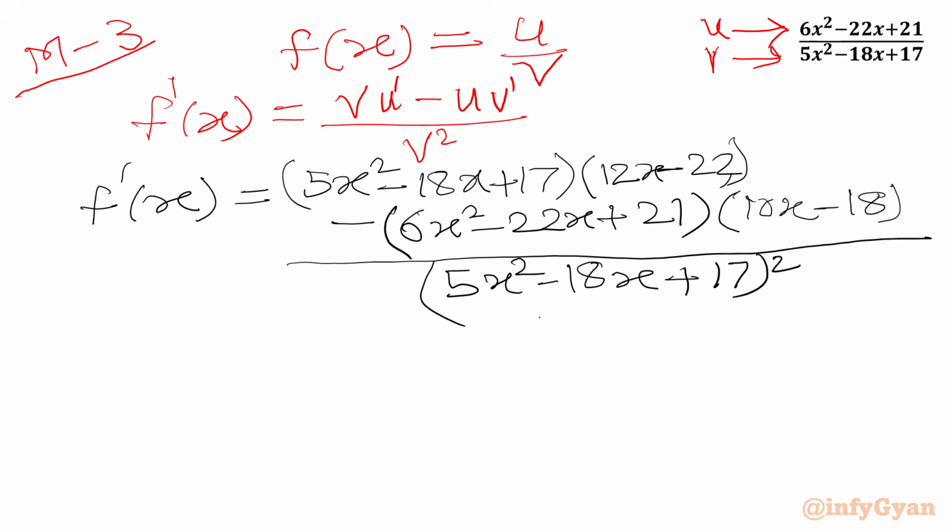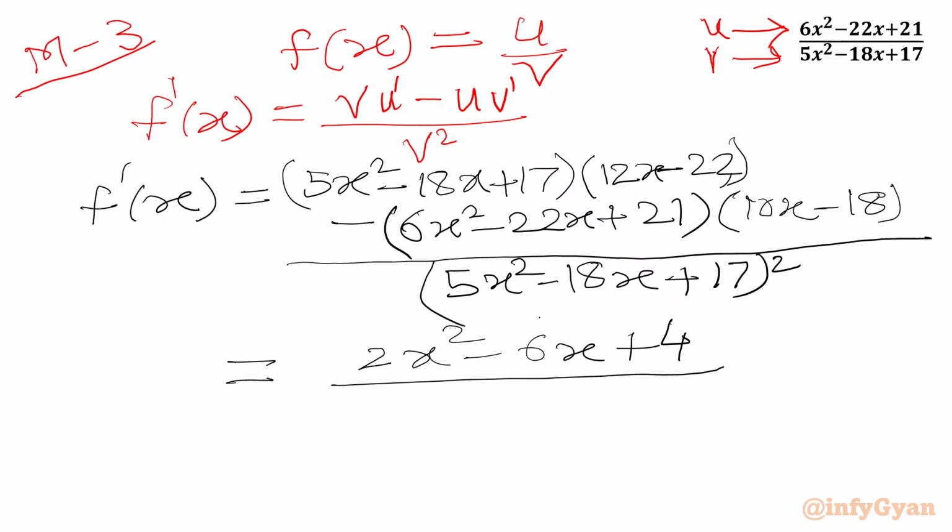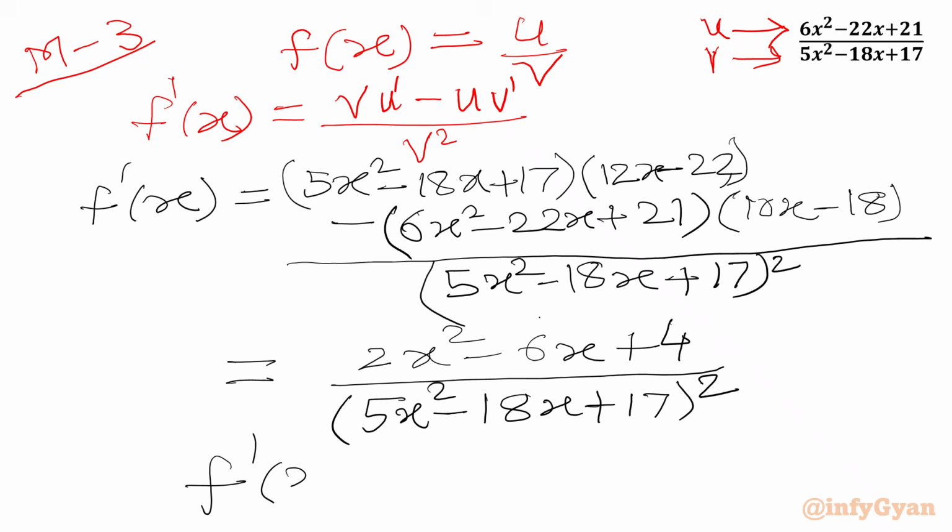Now we have to simplify our numerator. It will simplify and we can write (2x square minus 6x plus 4) over the denominator squared, (5x square minus 18x plus 17) whole square. To find critical points, f prime x must be equal to 0.